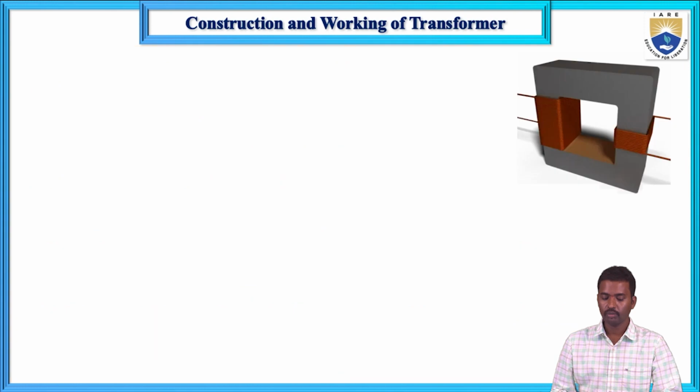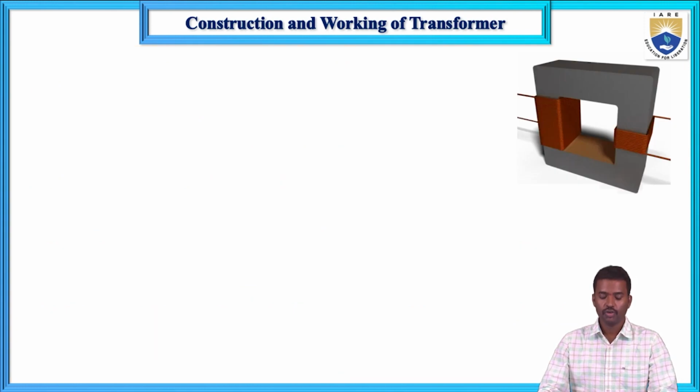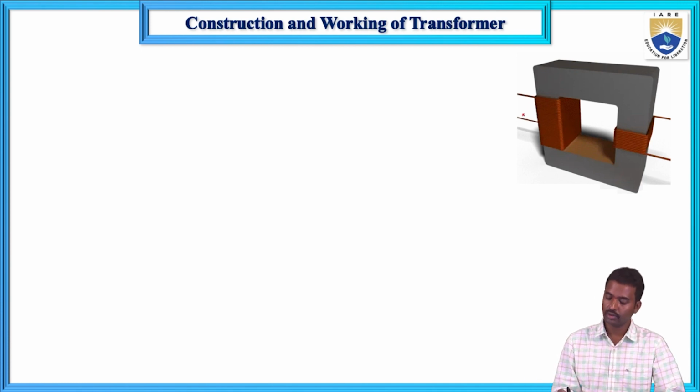Now here is the working principle of the single phase transformer. How does electrical energy transfer from one circuit to another without any electrical contact and without any rotating part? It is a static device.